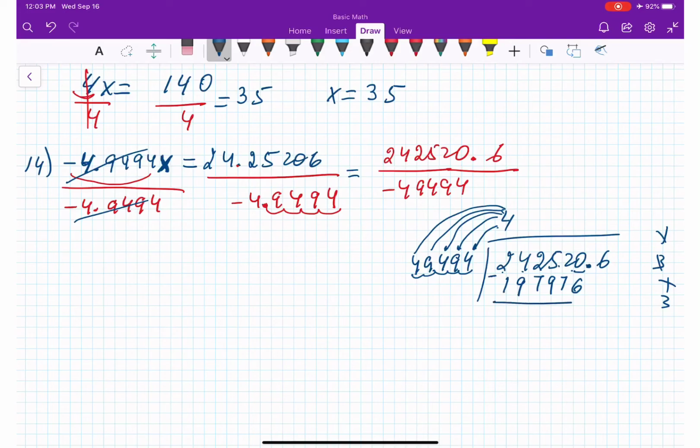Okay, let's see if this should be enough, because we tried 5, it was too much, so 4 should fit. Okay, let's subtract. 10 minus 6 is 4. Here is 1 left, right? So 1, I can't do minus 7. I'm borrowing from here. 11 minus 7 is 4.